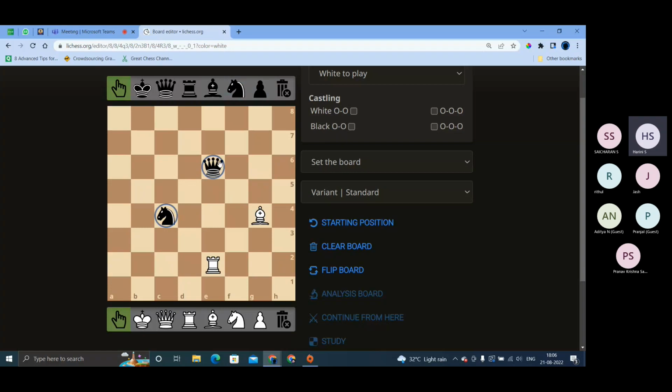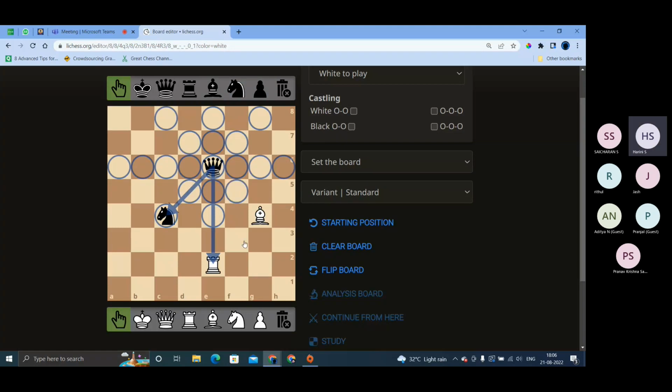So it supports its own piece on the way, it attacks the opponent, and it controls the empty square. So these are the three words you got to remember.